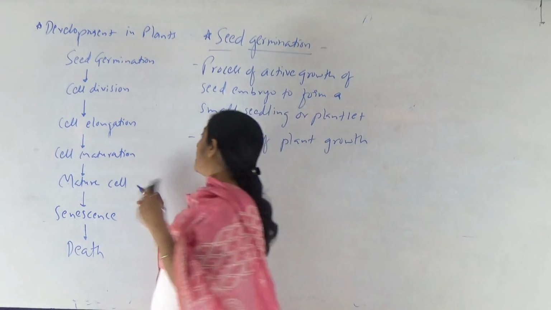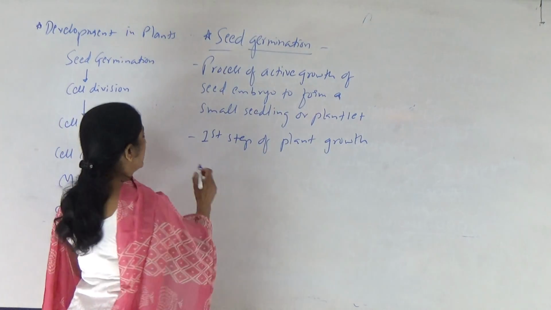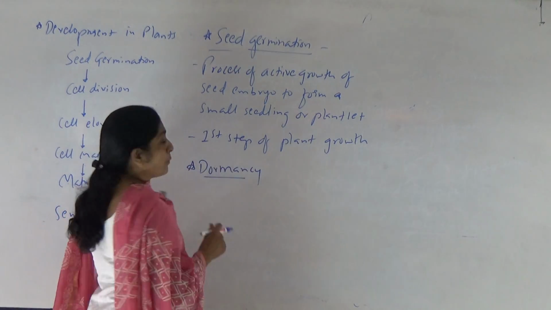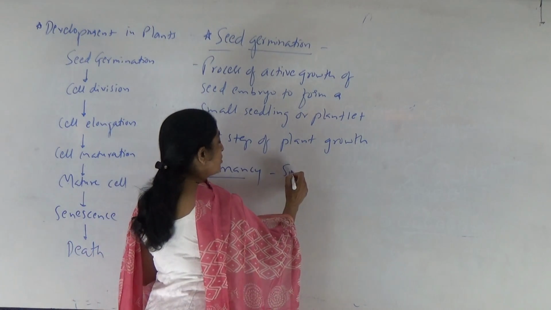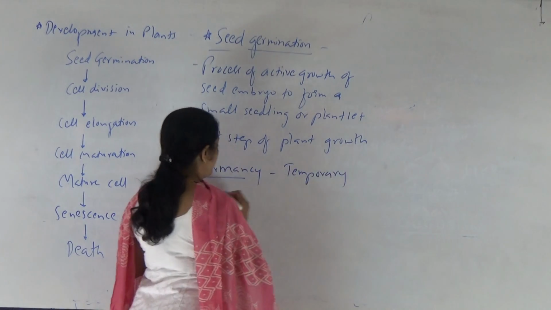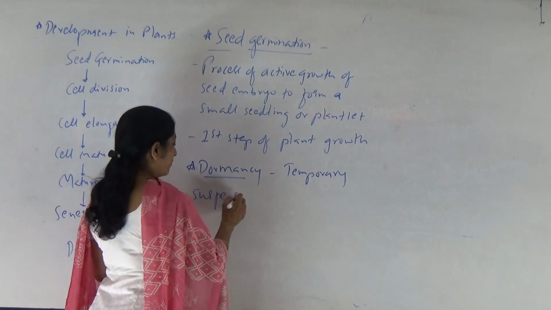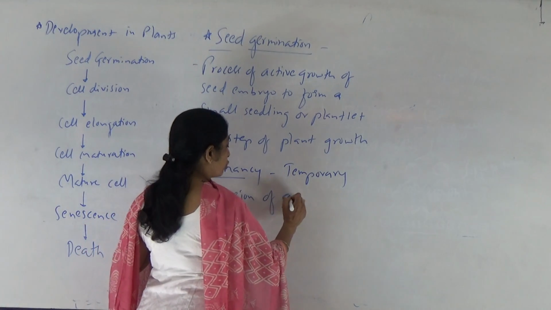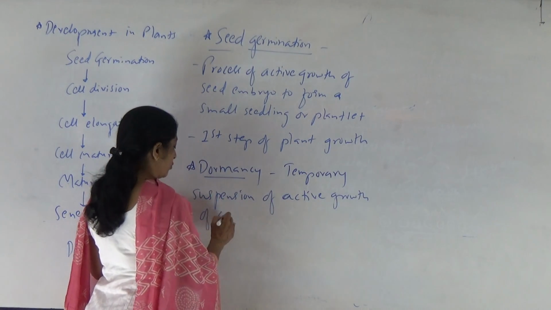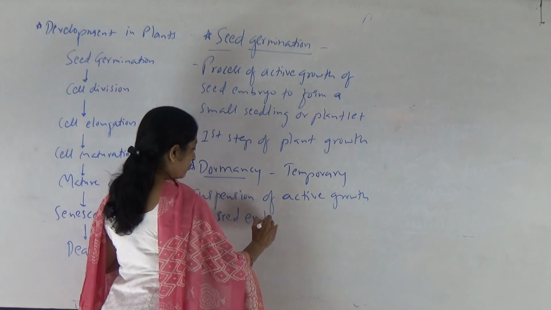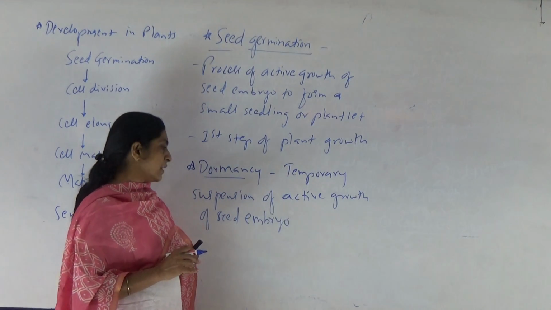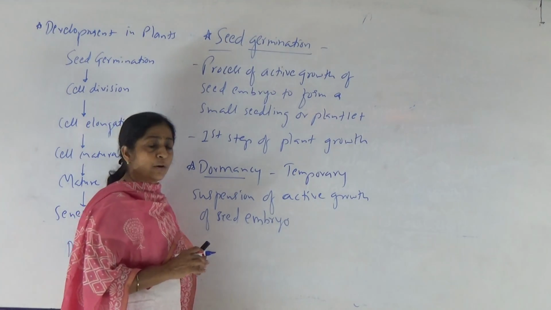Okay, but in many angiospermic seeds, we may observe one specific phenomenon, that is dormancy. So what is this dormancy? What is dormancy? It is the temporary suspension of active growth of the seed embryo to form a seedling or plantlet.